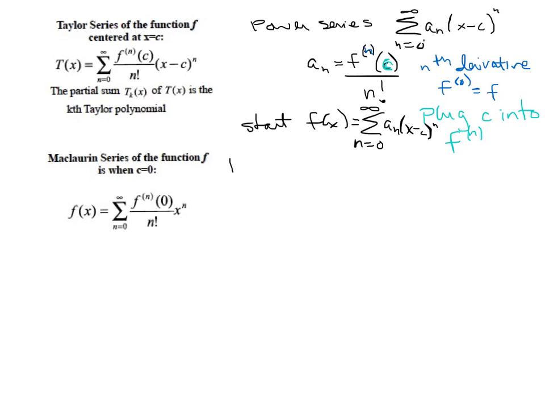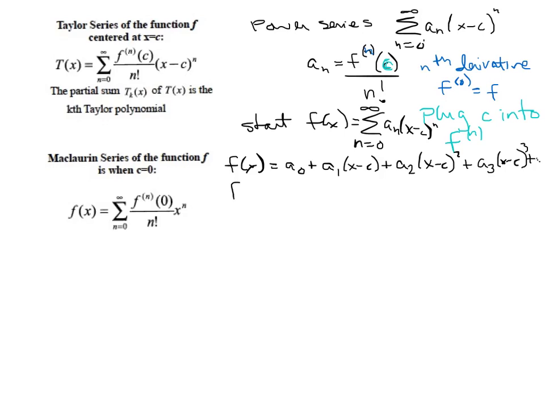Now if I expand that power series, meaning I'm going to plug in 0, plug in 1, plug in 2, and add everything together. When I plug in 0, I get a sub 0. When I plug in 1, I get a1 times x minus c. When I plug in 2, I get a2 times x minus c squared. When I plug in 3, I get a3 times x minus c cubed, etc.